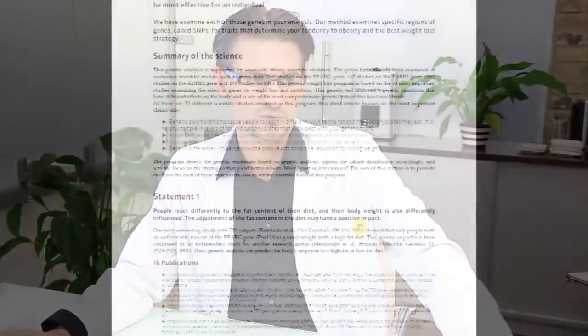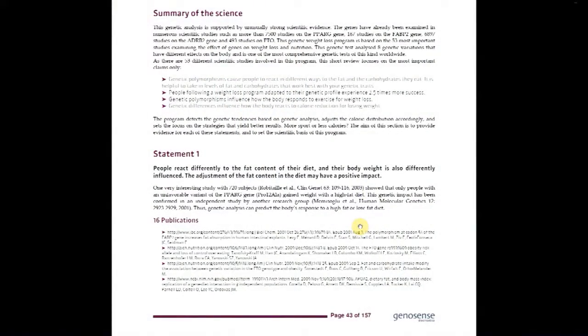All right, and here you see a general summary. So the important statements, such as people react differently to the fat content in the diet. So some people are sensitive, others are not. And adjustment of fat content in the diet may have a positive impact. And then you can see one study used 720 subjects.